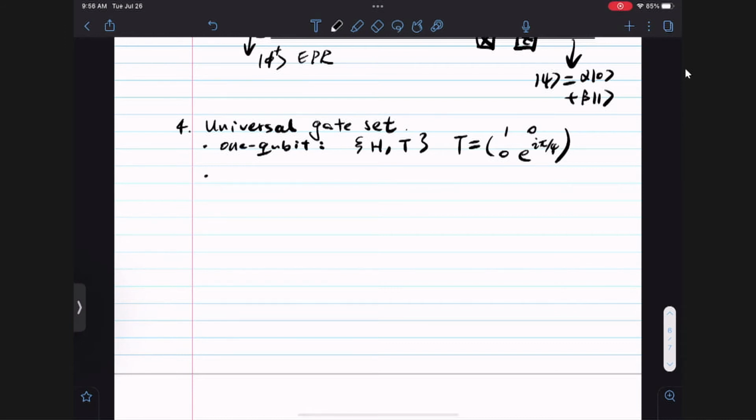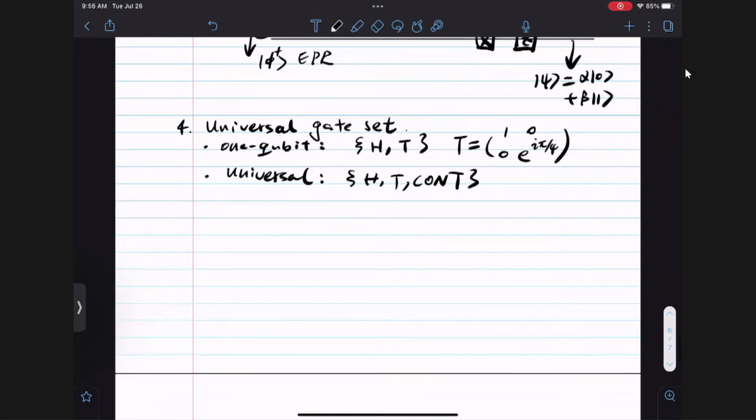All right. Now, if you just add CNOT to this set, then this becomes a universal gate set for arbitrary unitaries, any number of qubits. Okay, yeah, that's pretty neat. And then an important family of quantum circuits or quantum operators is the so-called Clifford operators. Again, this will be useful in quantum cryptography.